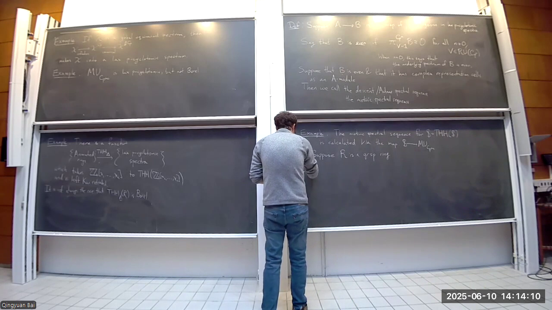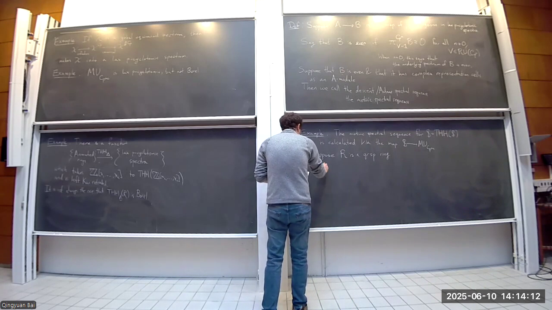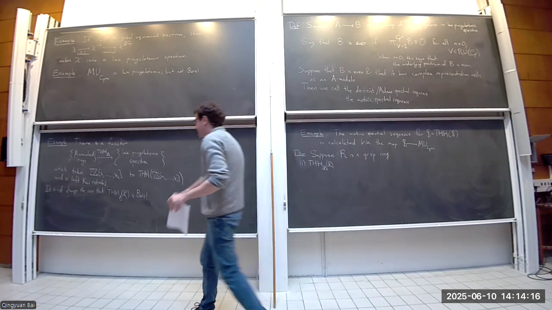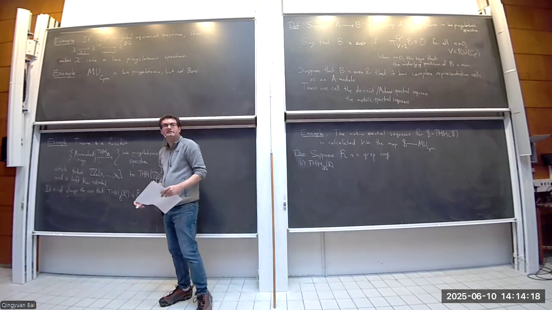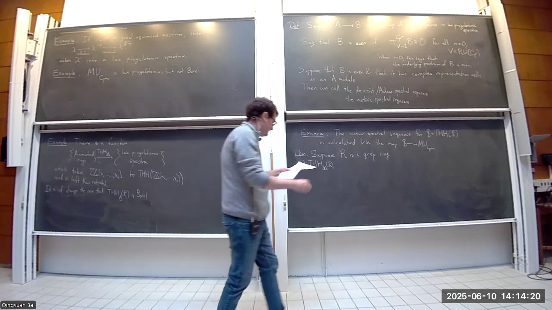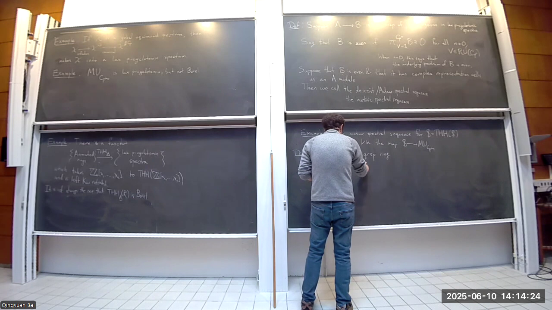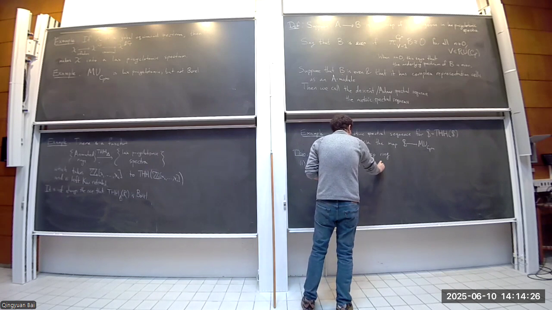And what can I say? First of all, this THH prism of R again is defined by animating the Borel THH construction, the S^1 equivariant spectrum.